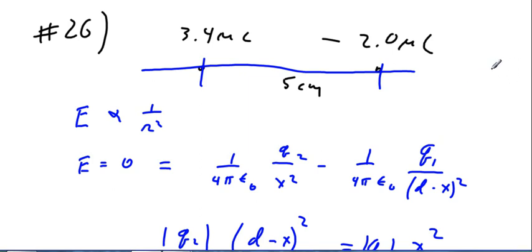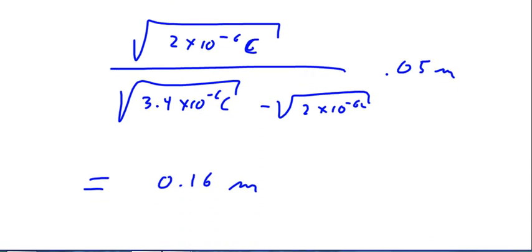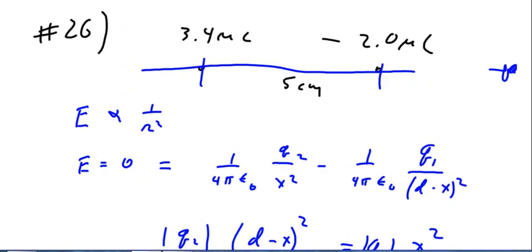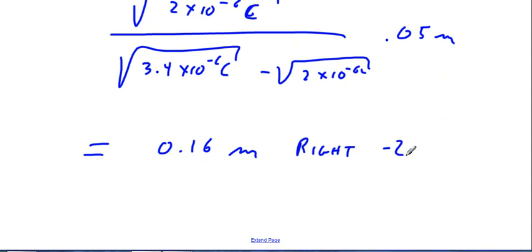So it's going to be over here to the right, because the electric field, this guy's going that way, that guy's going this way. It would be 0 out there. So the way I do the picture, it would be to the right of the minus 2 microcoulomb charge.